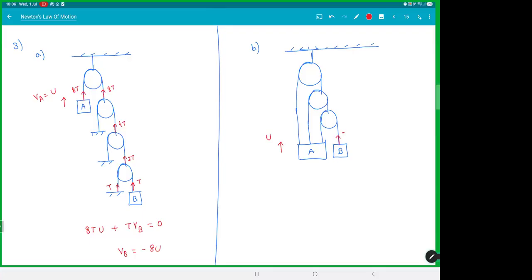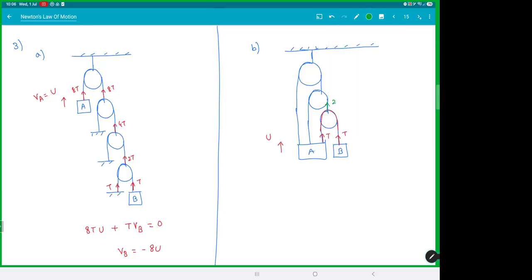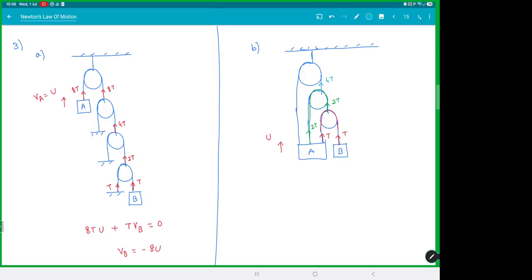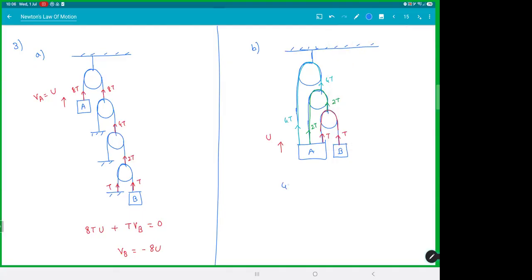Same thing here. If this is T, this is also T because it is the same string. So if that is T and T, then this is 2T. This is the same string, so this is also 2T. If that is 2T and 2T, this is 4T. And this is the same string. So on A, we have total 4T plus 2T plus T, the total tension, into U plus T into VB.